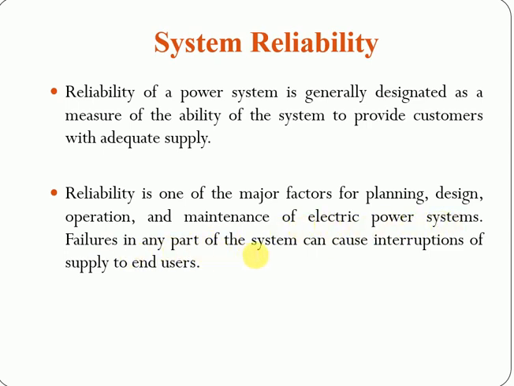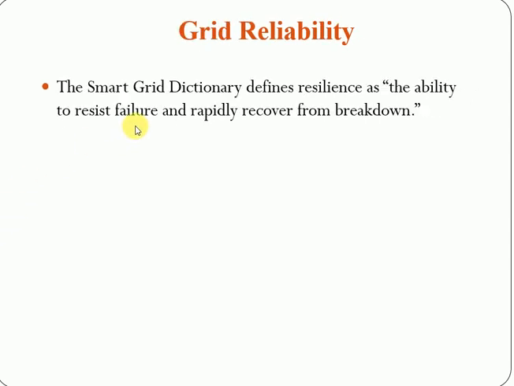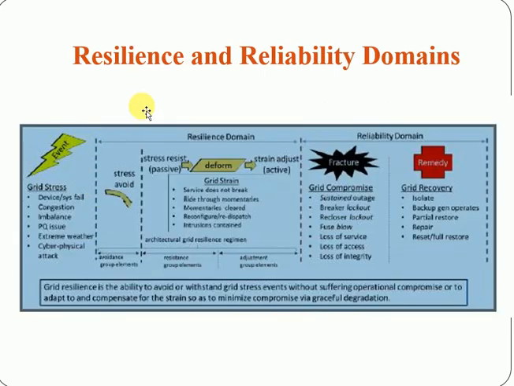Failure in any part of the system can cause interruption of supply to the end user. Grid reliability is defined as resilience, the ability to resist failure and rapidly recover from breakdown. Grid reliability is analyzed in two domains, the resiliency domain and the reliability domain.